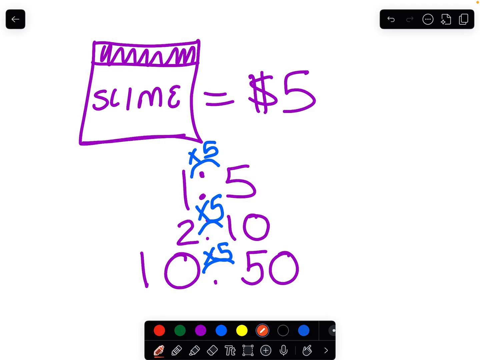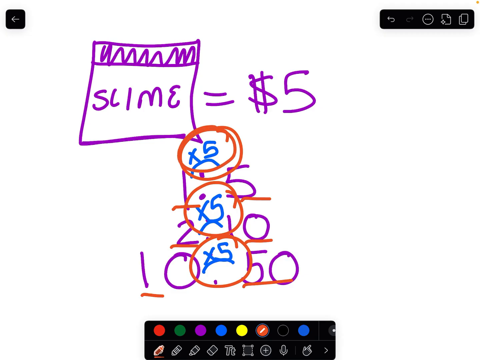Now, what you're going to notice is that even though the values are changing, the rate, or the ratio, the rate of change is the same. And eventually you're going to learn what we call this number here. It's actually called the constant of proportionality.